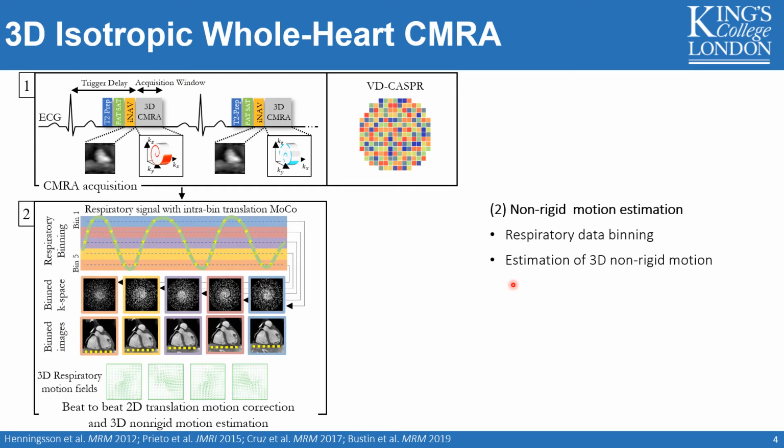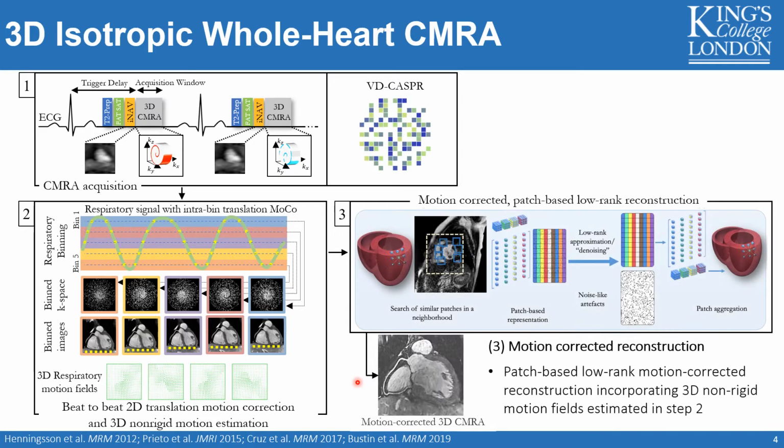Respiratory motion is then resolved on a beat-to-beat basis, and after respiratory binning, we can estimate 3D motion fields allowing for 3D non-rigid motion correction, which is then performed in a motion corrected and patch-based low-rank reconstruction to provide a motion-corrected 3D CMRA image.